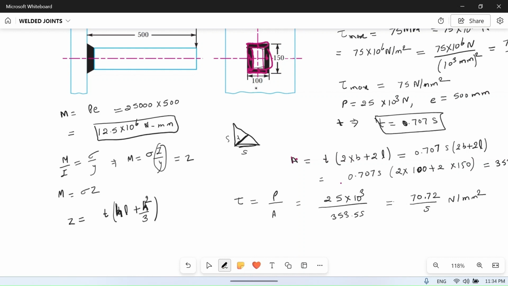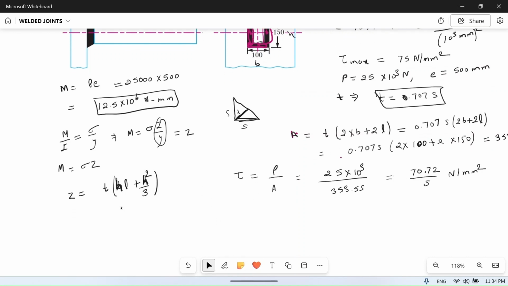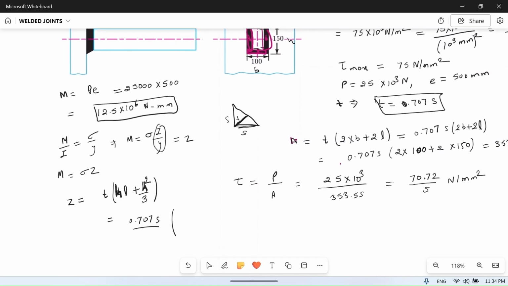Because I am taking B this and H is equal to 150, so it will be equal to 0.707 S, which is equal to T, into this H is 150 into B is 100.